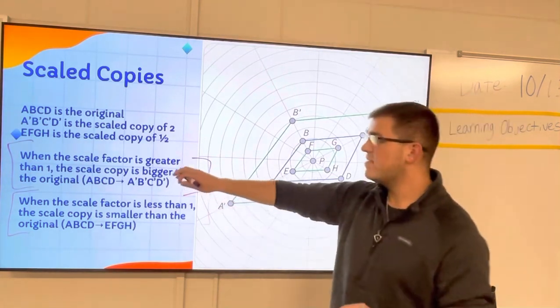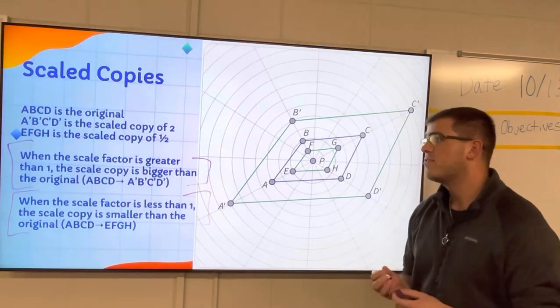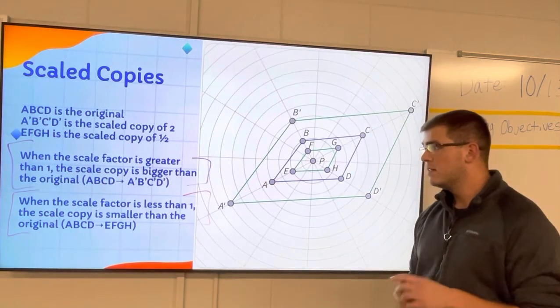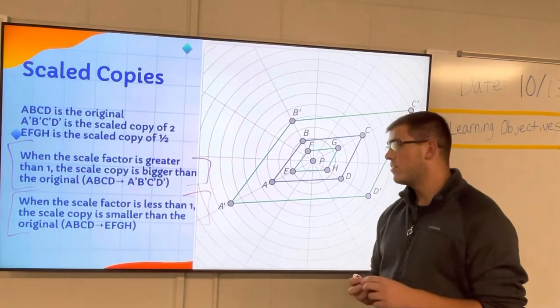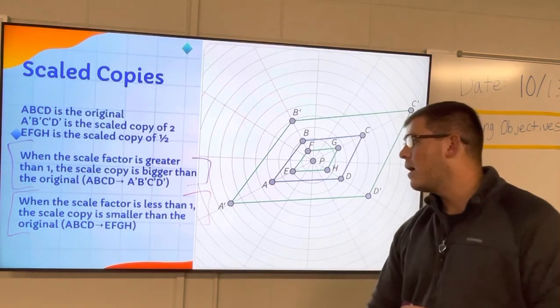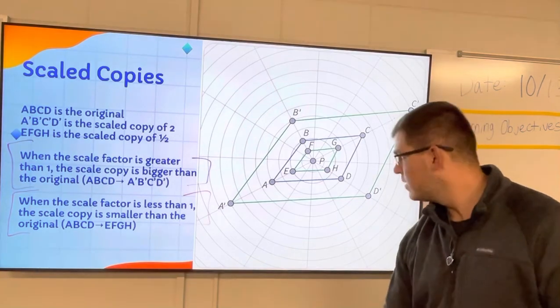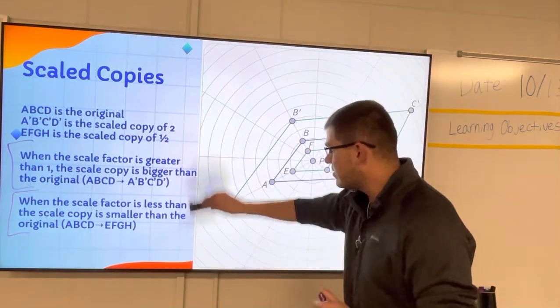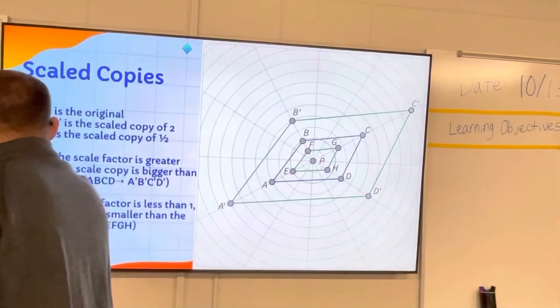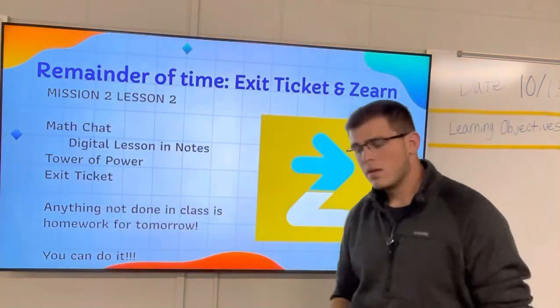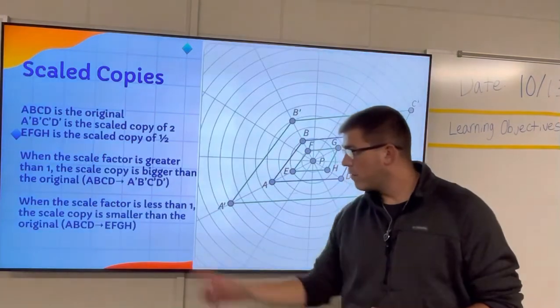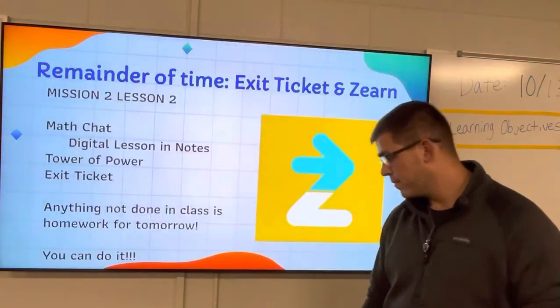So write these down in your notes. When the scale factor is greater than 1, the scale copy is bigger than the original. When the scale factor is less than 1, the scale copy is smaller than the original. So write that down in your notes, please. If you need to go back and pause the video, please do so.